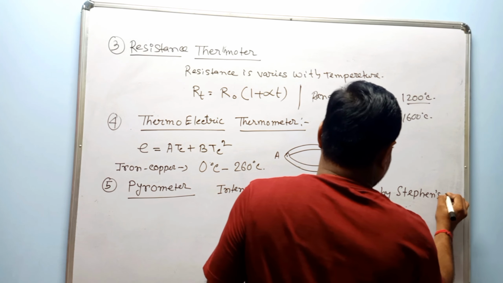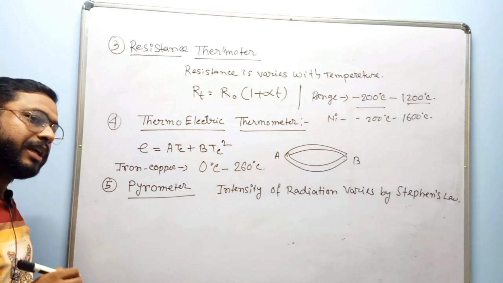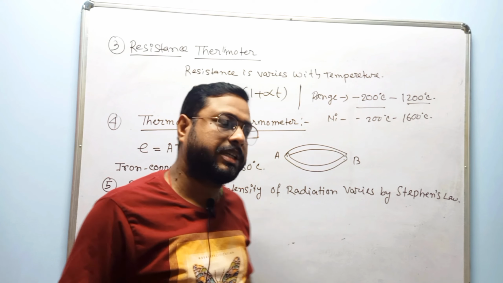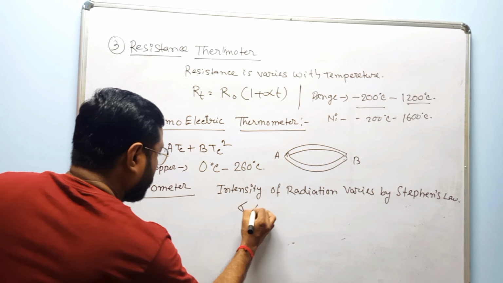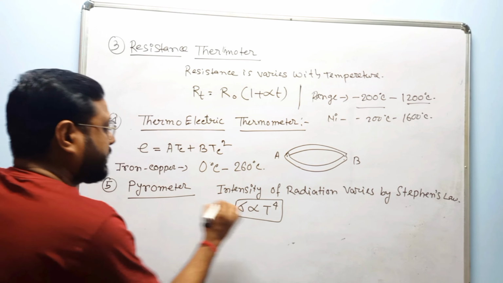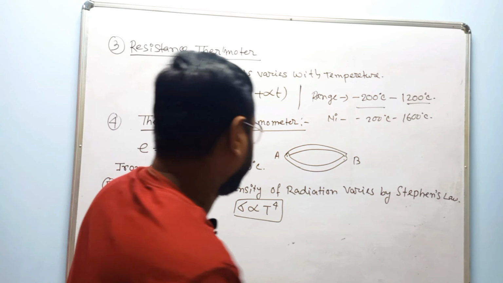You know Stefan's law, which says that the amount of radiation from a body per unit area per unit time is proportional to the fourth power of absolute temperature. Sigma is the amount of radiation per unit time per unit area from a body, proportional to the fourth power of temperature.